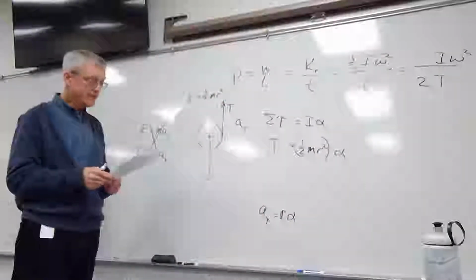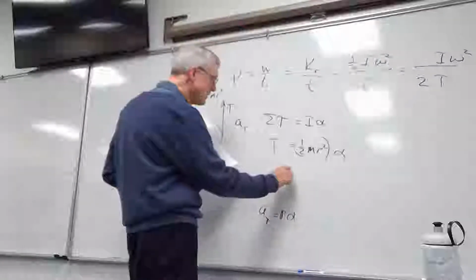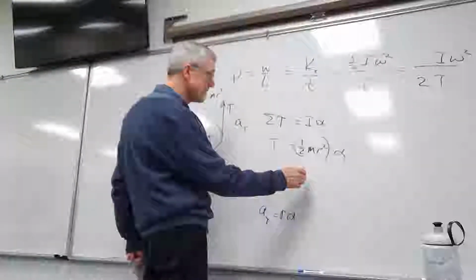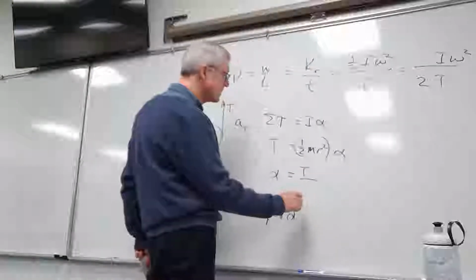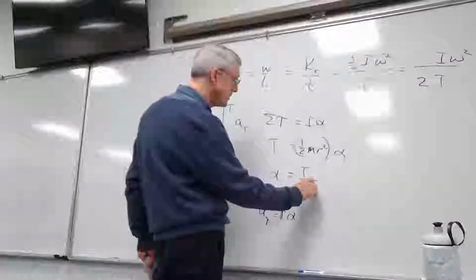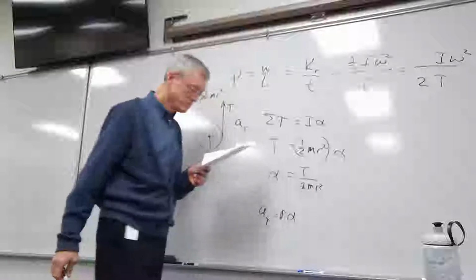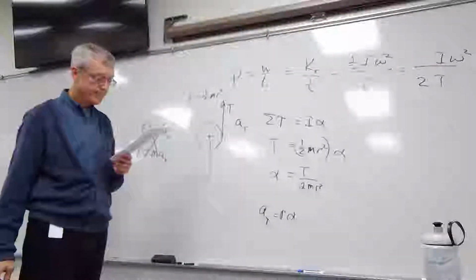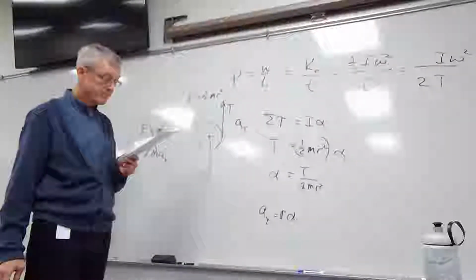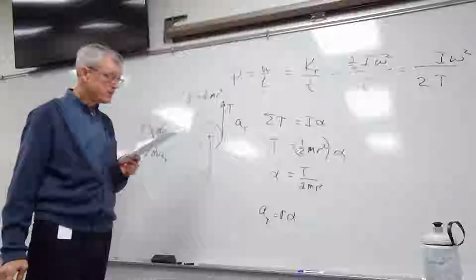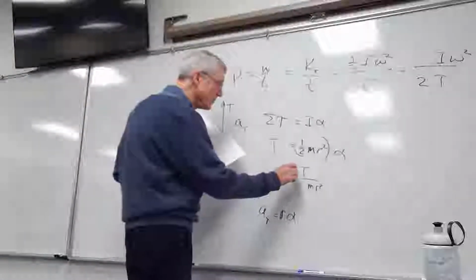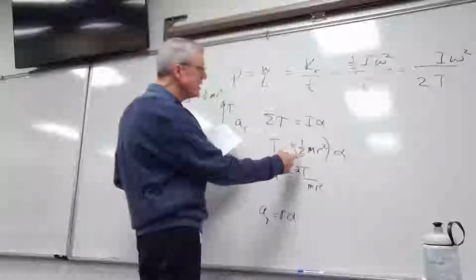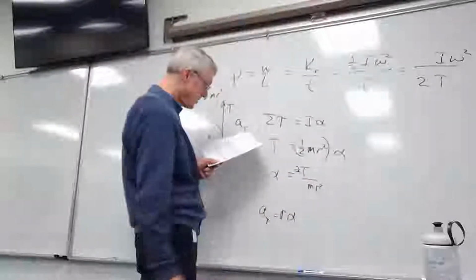So alpha would be, if I just solve that for alpha right now, T over, is that really true? T over 1/2 mr squared? No. 2T? It would be, yeah. So 2, is that true? Yeah. 2T divided by mr.